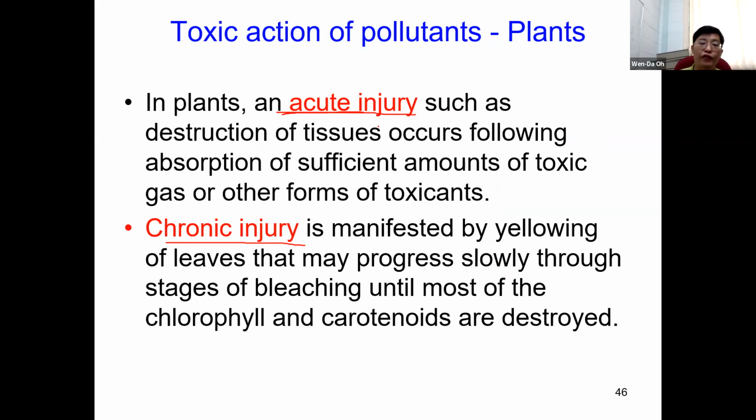On the other hand, if you have chronic injury, usually you'll see it in the form of the leaf becoming greener. It is a slow process. Usually, the chronic injury can be easily treated if you identify this faster, right?